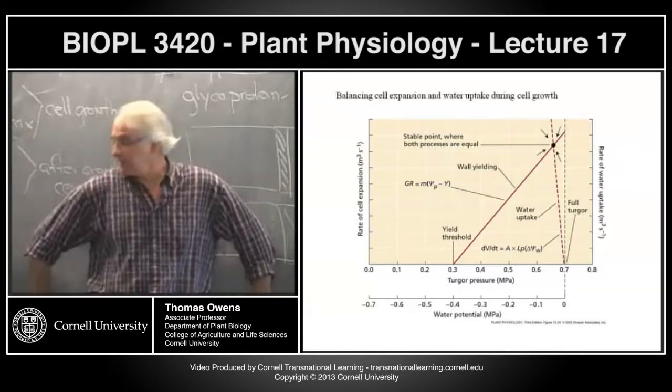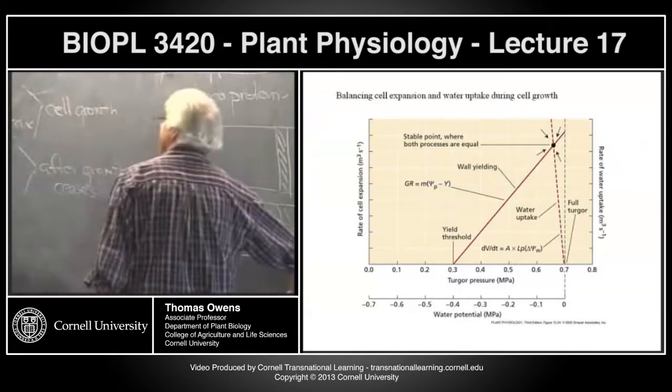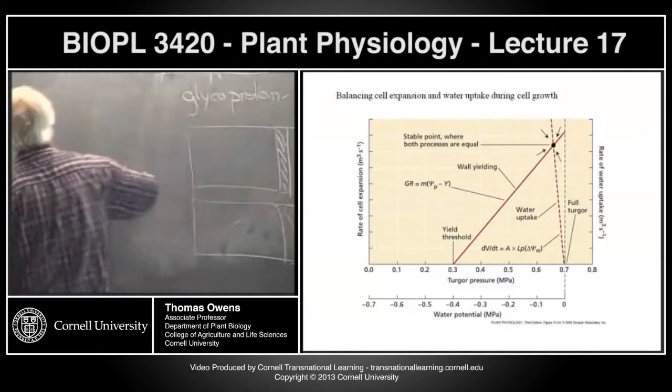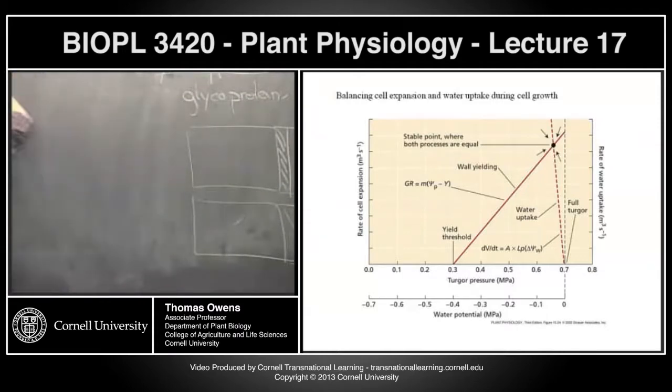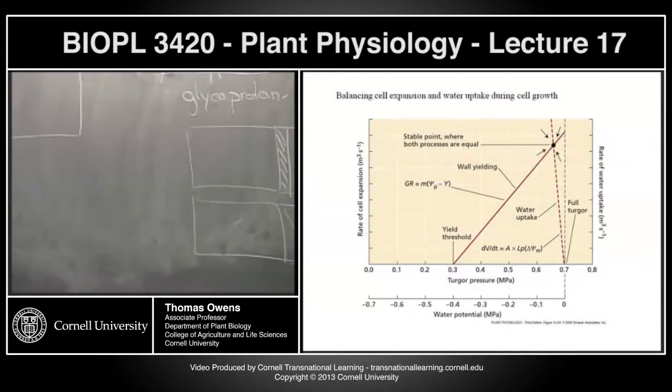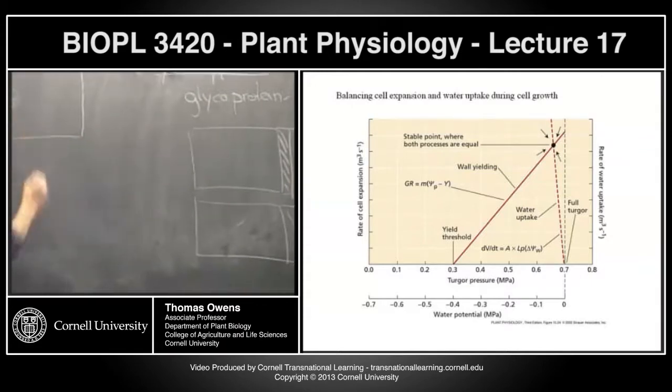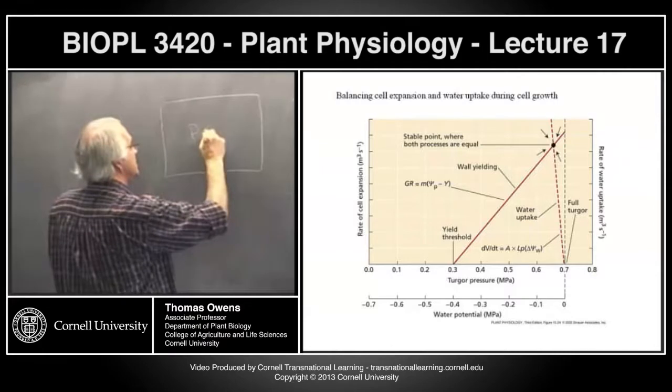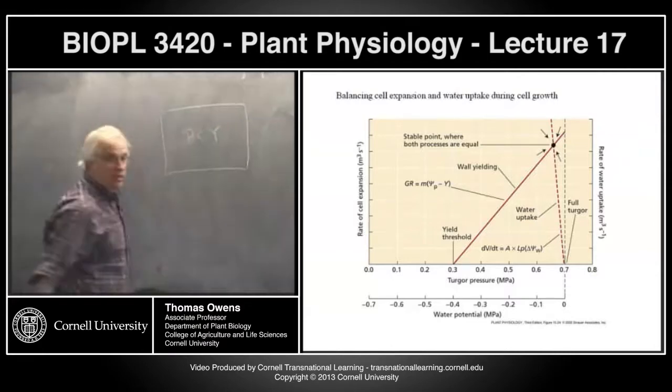Okay, so let's take a scenario and think about how a cell is going to grow. So here's our cell at time 0. And let's just say at time 0, the turgor pressure inside the cell is less than the yield threshold.